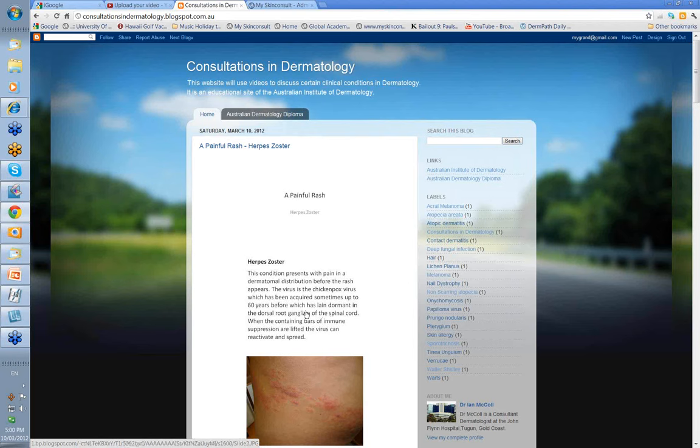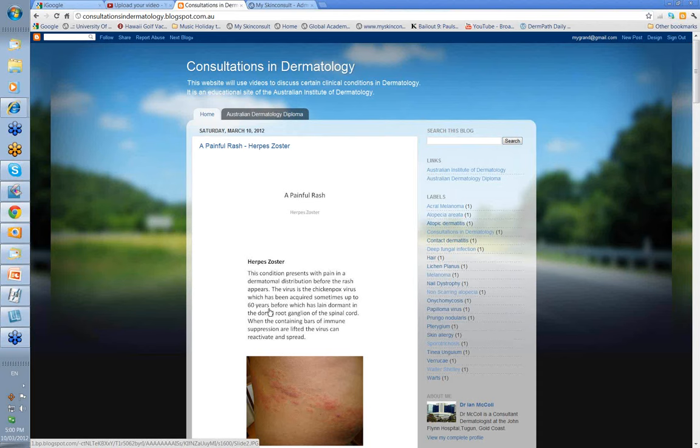In fact, it may have been acquired 60 years before, and it's acquired as chickenpox. When you have chickenpox as a child, you don't completely eliminate this virus. Some of it remains in the dorsal root ganglion, and it's held there by your immune system in a sort of quiescent stage.